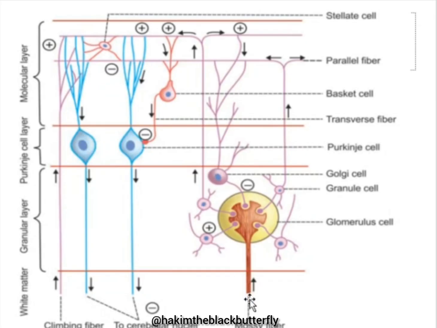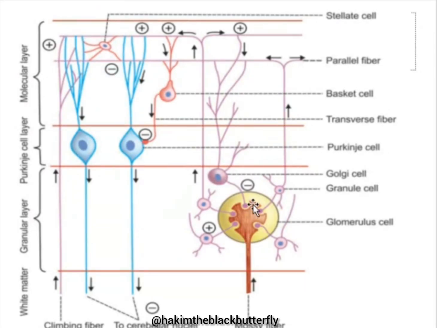Whereas Morse fibers are going to end within the granular layer. And then they are going to synapse with different neurons of the cerebellum like what we call the granule neurons and the Golgi neurons.